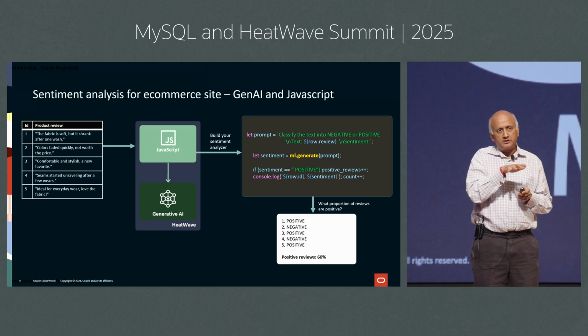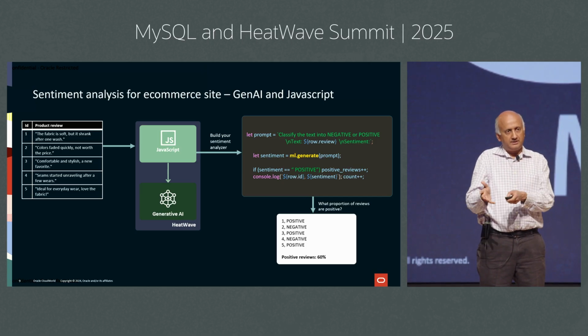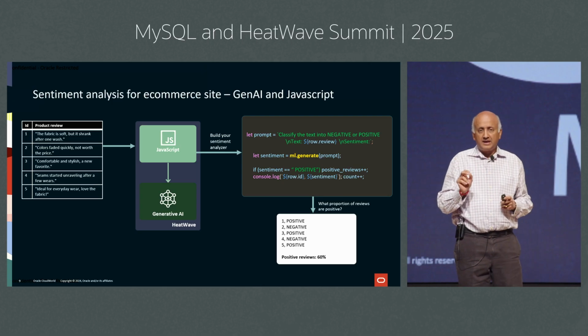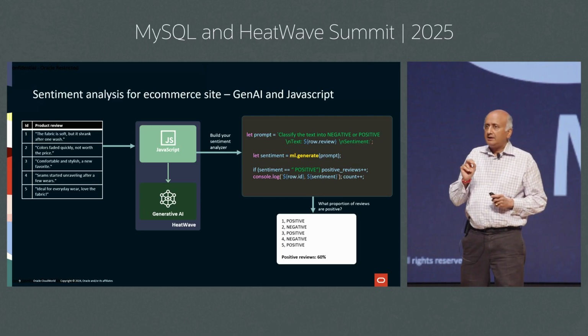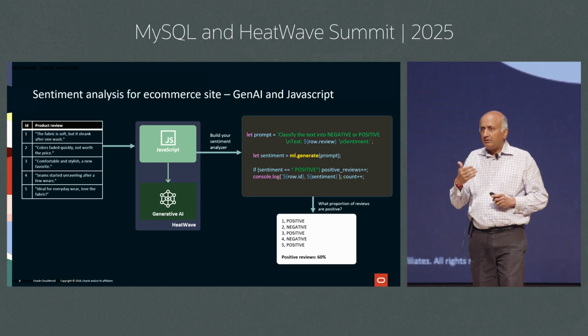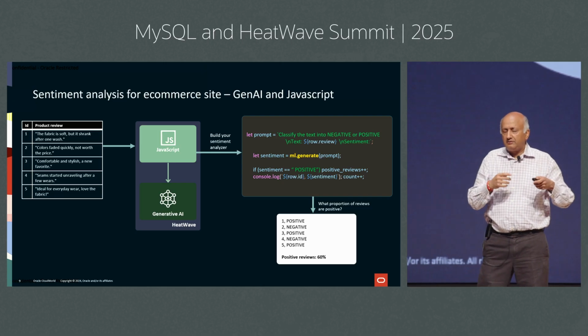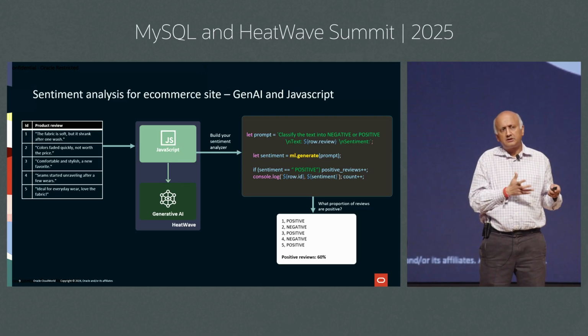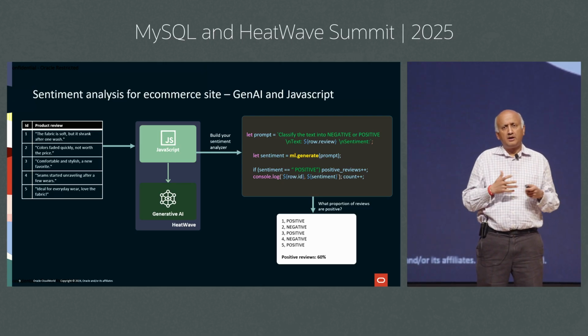Now, the product reviews are stored inside a relational table inside the MySQL database, and that's fine. But what became interesting is that to get an analysis of this feedback, whether it's a positive sentiment or negative sentiment, the system could do it automatically inside the database.